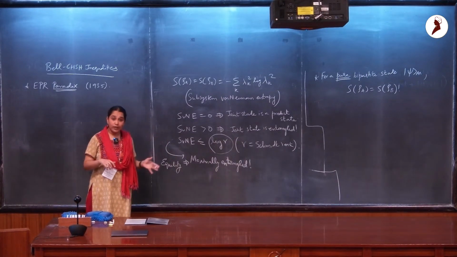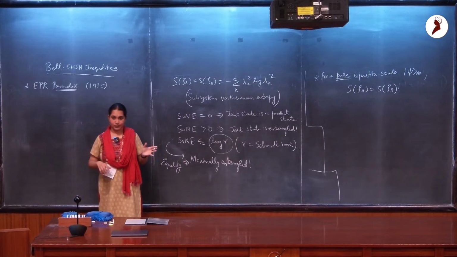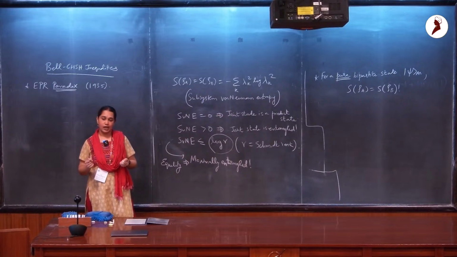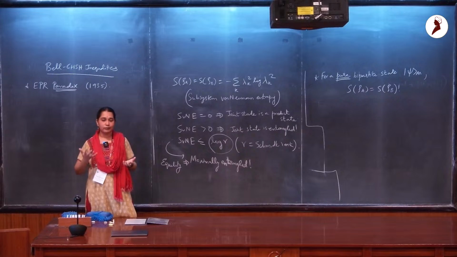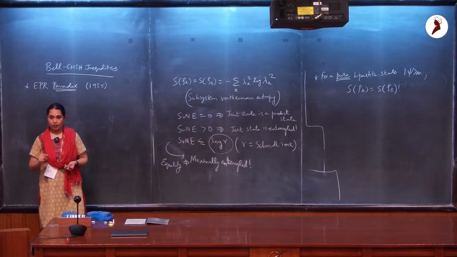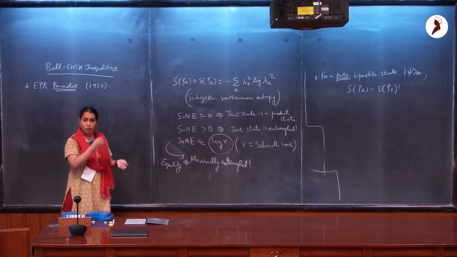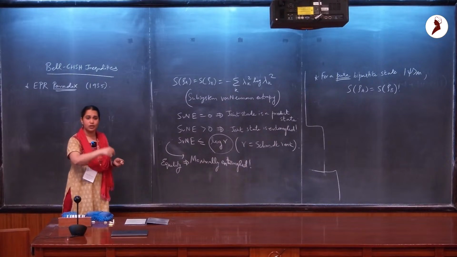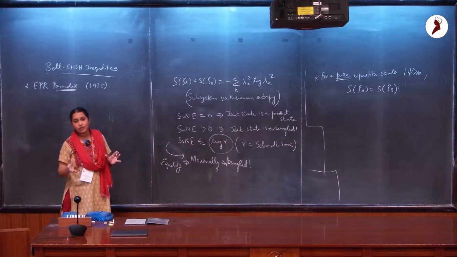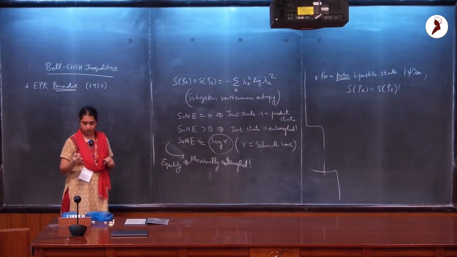If you measure the momentum of one of these particles, you know the momentum of the other because of conservation laws and so on. Now, it was already realized that position and momentum being non-commuting observables, they are complementary aspects, so to speak, of a physical system. We saw this with the Stern-Gerlach setup the other day. You cannot simultaneously have information about complementary aspects of a system, so you cannot simultaneously have information about position and momentum.